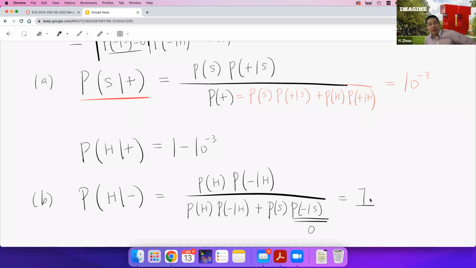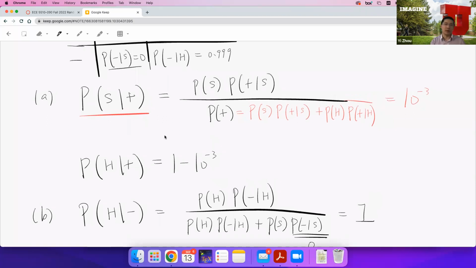Okay. So in this case, if you get a negative test, almost surely you can conclude that you are healthy, right? But on the other hand, if you get a positive test, most likely you are still healthy. So that's a surprising message for this example.